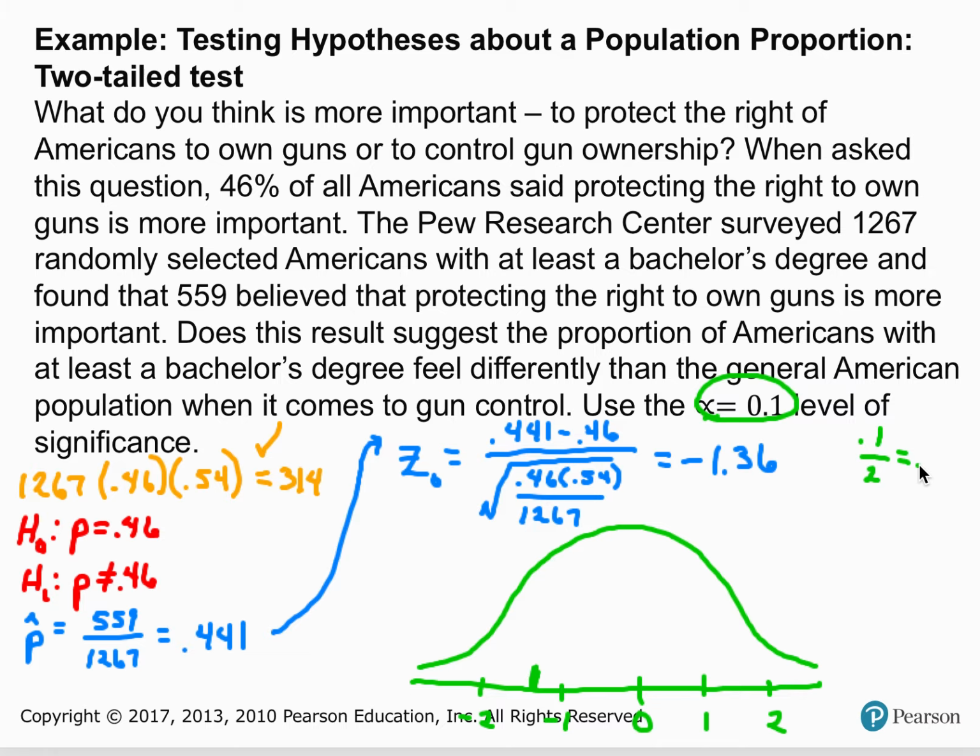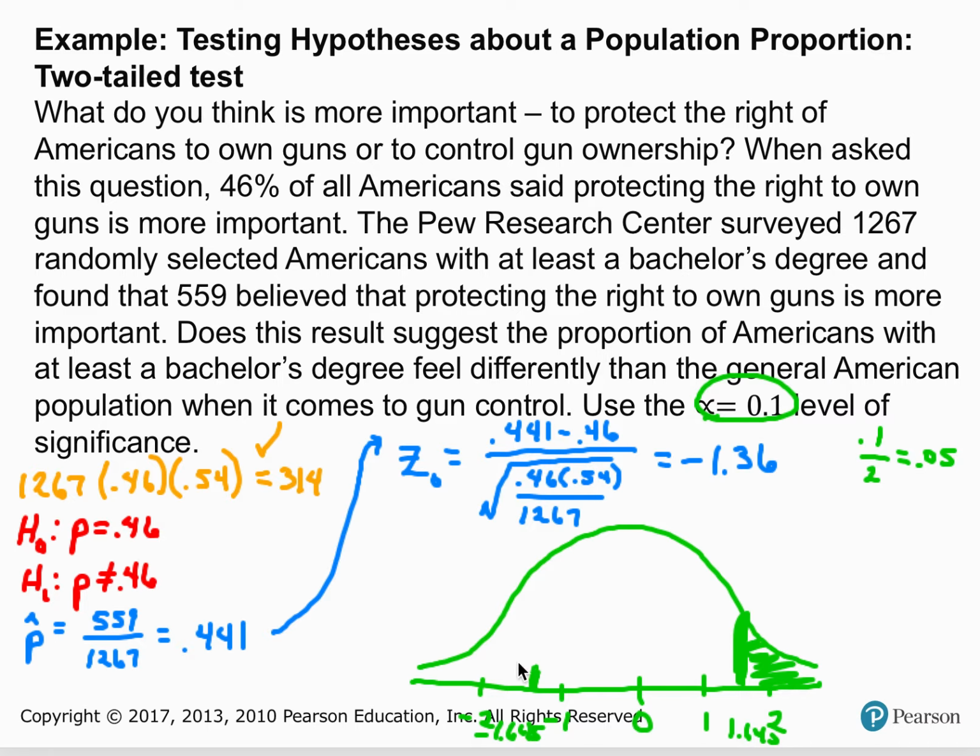Oh, hey, that's the same number we got to look at earlier. So I look in my table inside for 0.05. Okay, which we just did that one, and it was negative 1.645. So that means right here, negative 1.645 and 1.645, that's our cutoff.